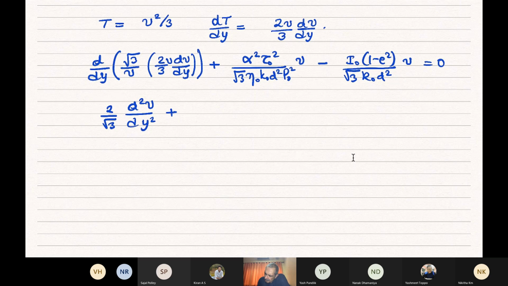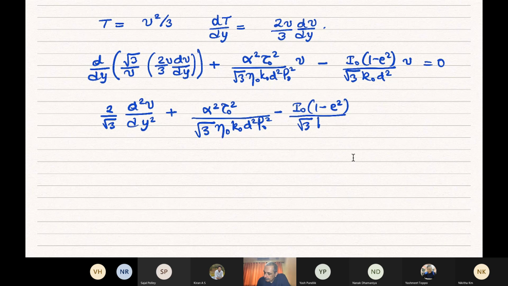plus alpha squared tau 0 squared divided by root 3 eta 0 k0 d squared p0 squared minus I0 into 1 minus e squared, this whole thing into v is equal to 0.